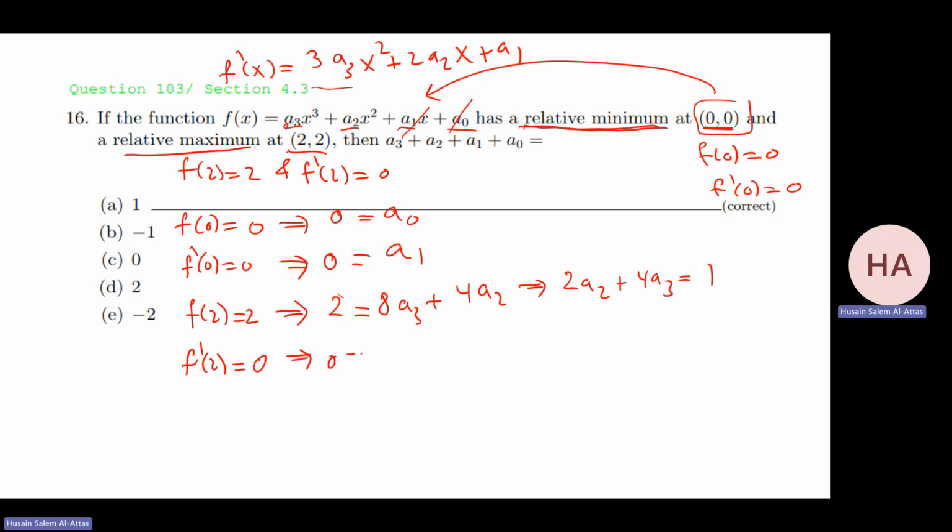So I have 0 equals f prime at 2, which is 12a3 plus a1, which is 0, plus 4a2. So that implies what? I divide by 4, so I have a2 plus 3a3 equals 0. I need to solve these two equations.